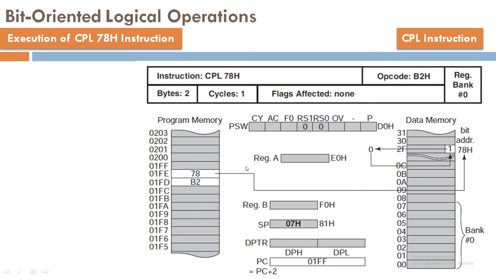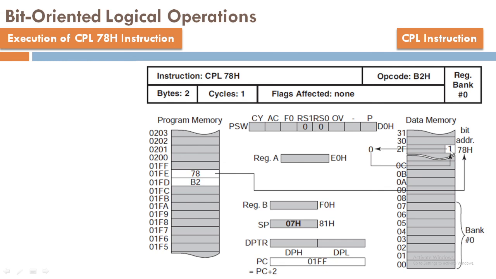Now if you talk about CPL with 78 hex, again 78 hex is the bit address. When the microcontroller executes this instruction, it will move on to the location which is the bit address 78 hex.